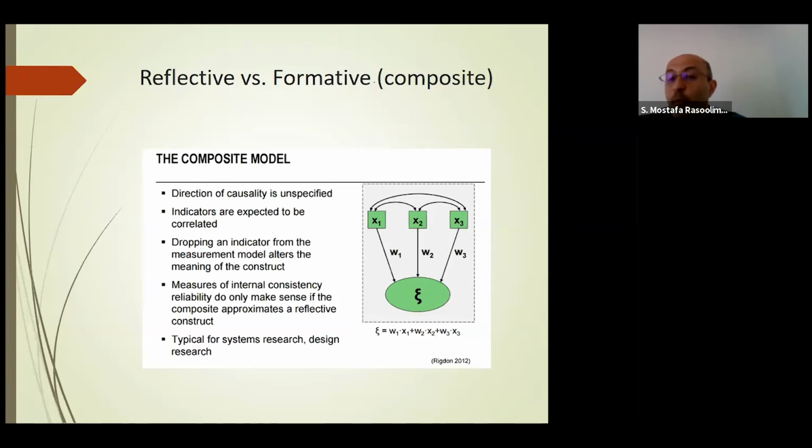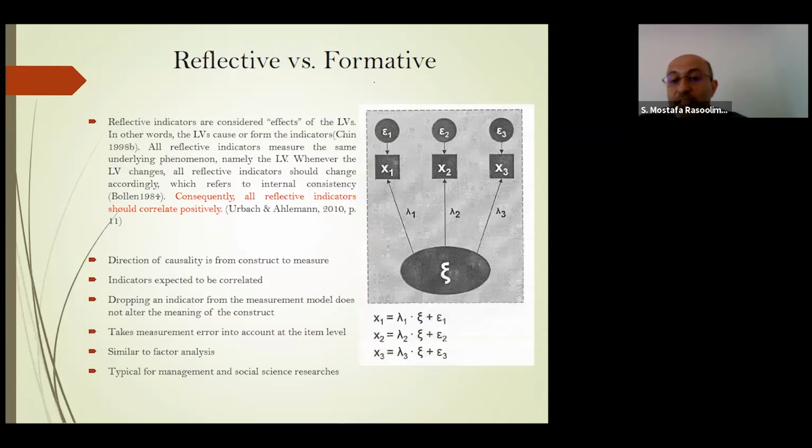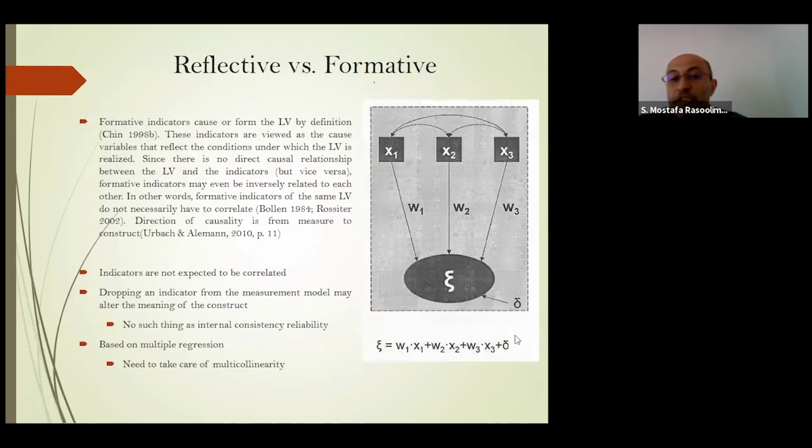You remember for a formative construct, we discussed that this error part is for missing items. If we have 3 items here and we miss some item to form this construct, this error term represents these missing items.